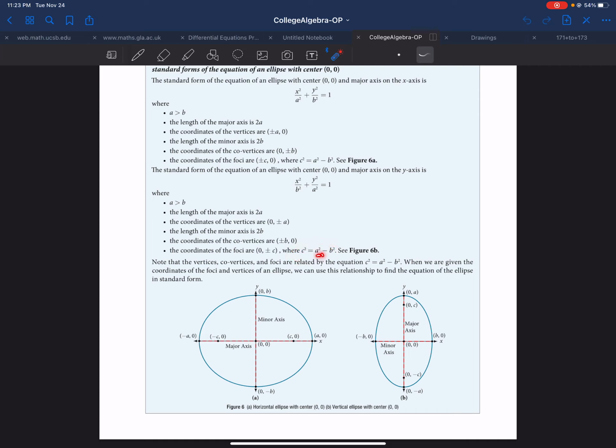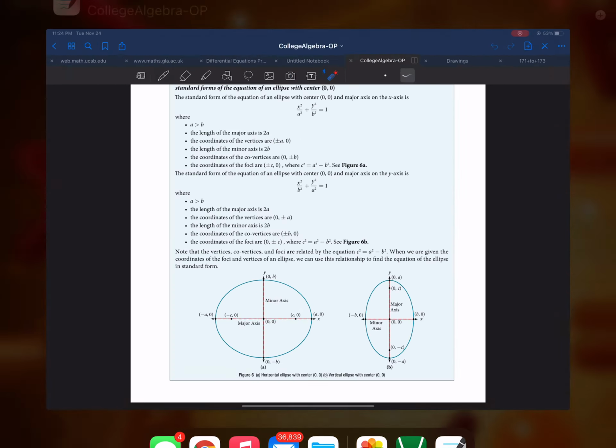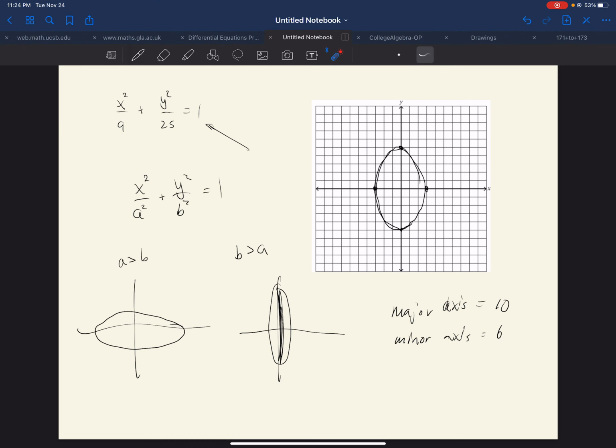But look, we know a and we know b. And since we know both of those, I can figure out what the foci are. So in this case, c squared should be a squared, which is 25, minus b squared, which is 9.